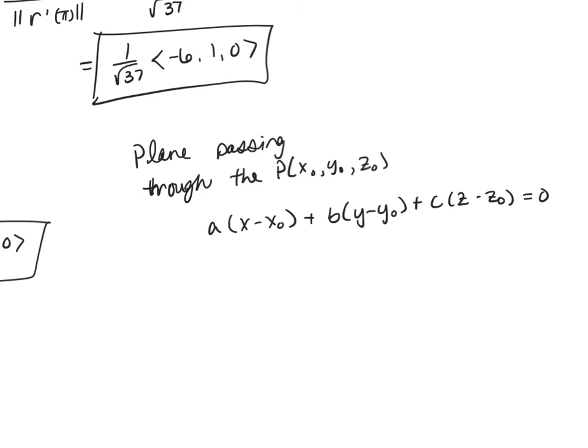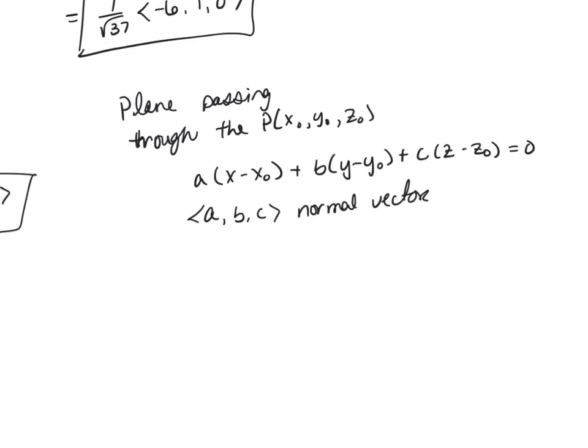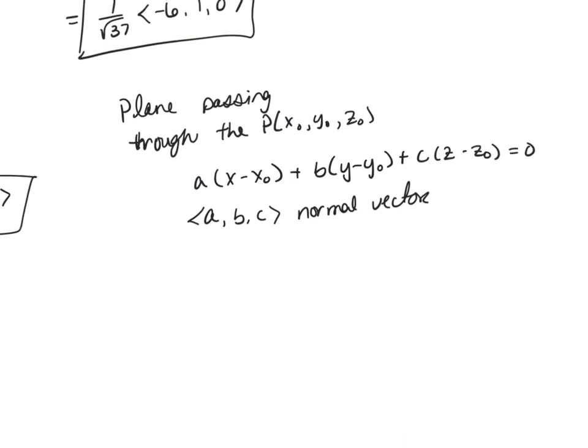And you're thinking, well, where did this A, B, C shenanigans come from? Well, A, B, and C are the normal vector. Do you remember from the plane? So my A, B, and C is going to come from my normal vector.